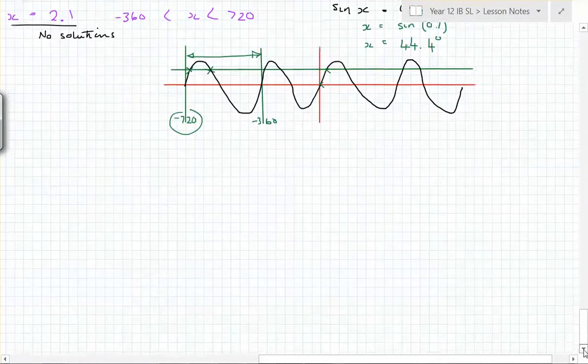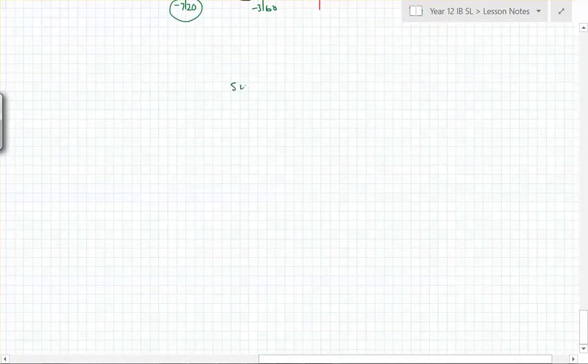So we've got, what do I say, sine of x equals negative 0.25? Sorry, cos of x. Okay, so the same thing applies.